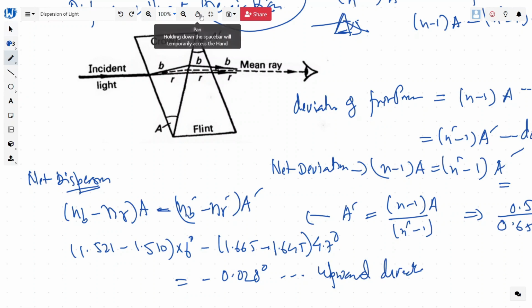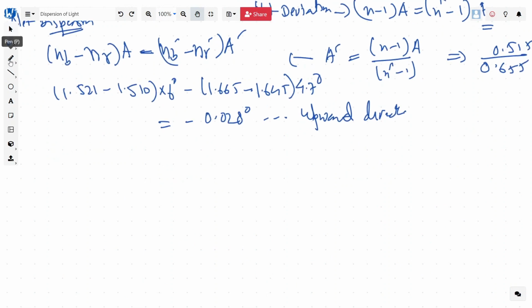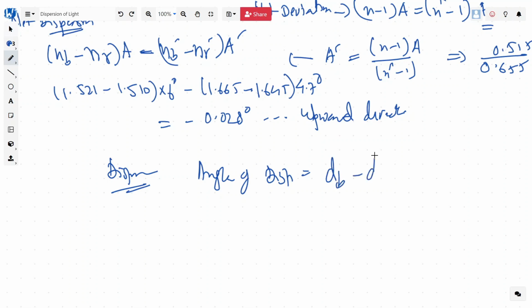Okay, so in the exams you will get these and should be able to calculate all these things, right? What we learned today are very simple things. We learned why the dispersion happens. We derived a formula for the angle of dispersion, which was basically the difference between the deviation of the blue light minus the deviation of the red light.